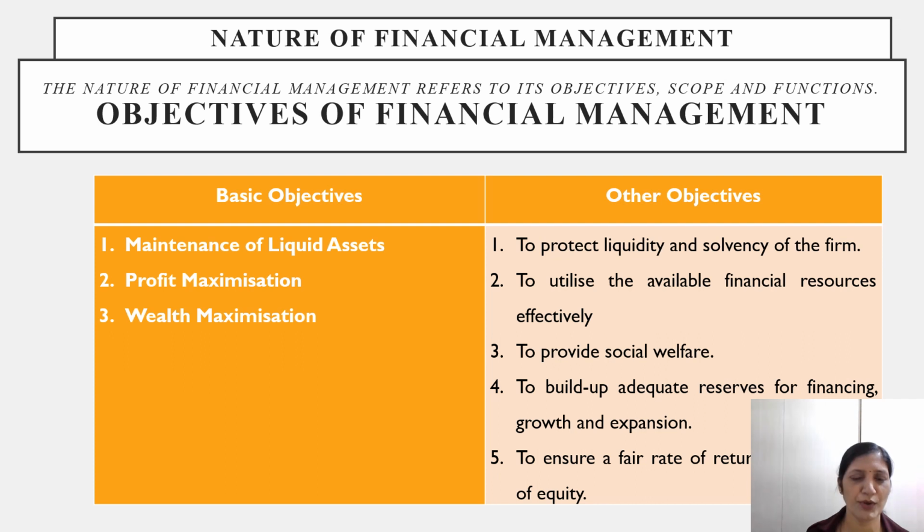Profit maximization and wealth maximization are the most important. As other objectives, you have to protect the liquidity and solvency of the firm; secondly, to utilize the available financial resources effectively; to provide social welfare; to build up adequate resources for financing growth and expansion; and to ensure a fair rate of return on investment of equity. So these are the two types of objectives: basic objectives and other objectives.